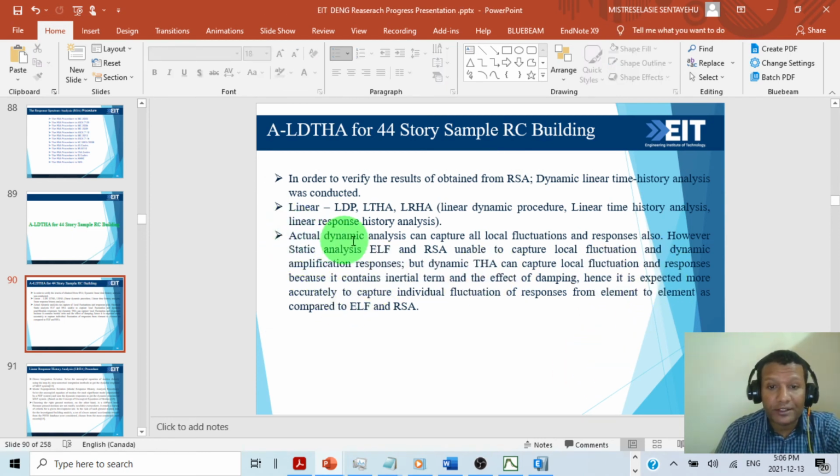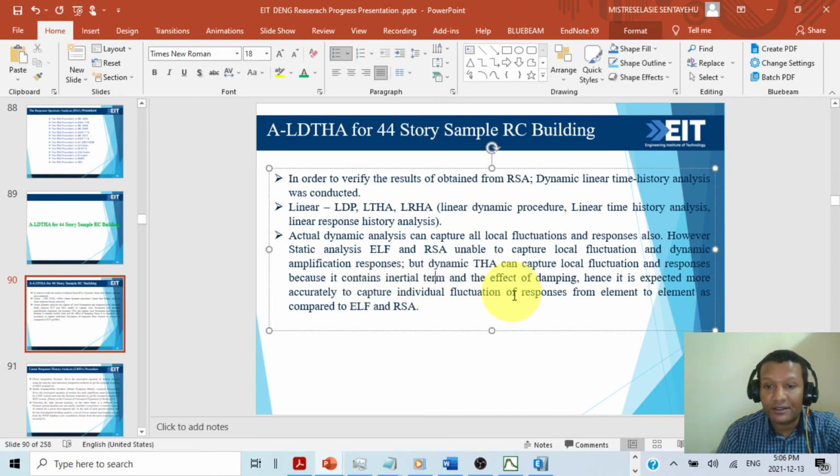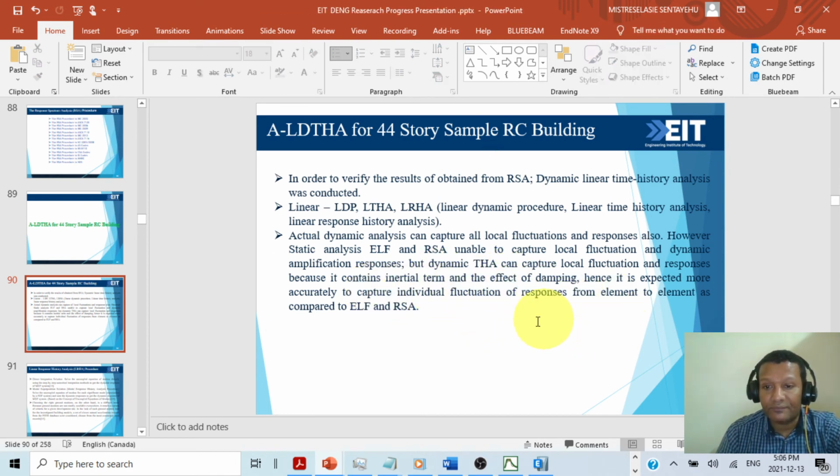That's why we are doing dynamic analysis. Dynamic time history can capture local fluctuation. As you can see, every second we can capture local fluctuation and response because it contains the inertial term and the effect of damping. Hence it is expected to more accurately capture individual fluctuation of response from element to element as compared to alpha and RSA.